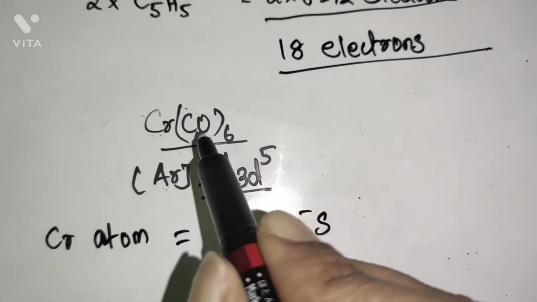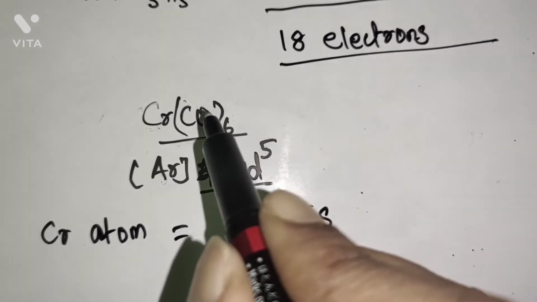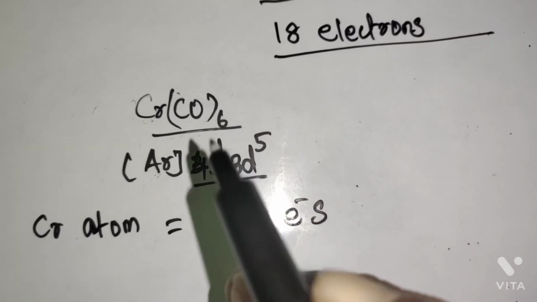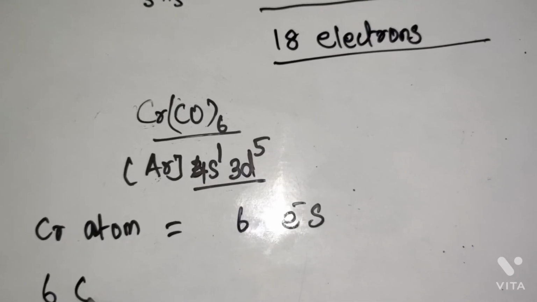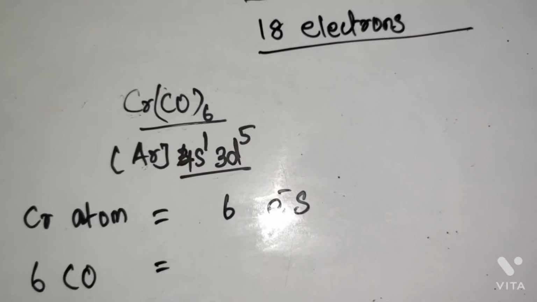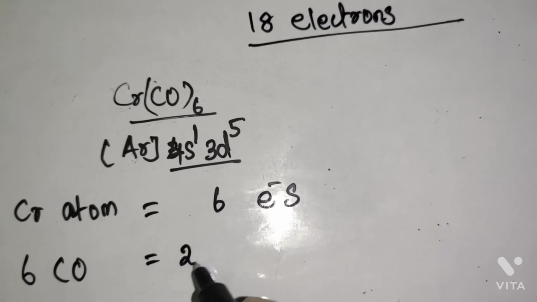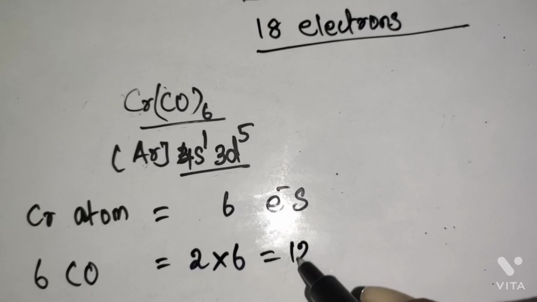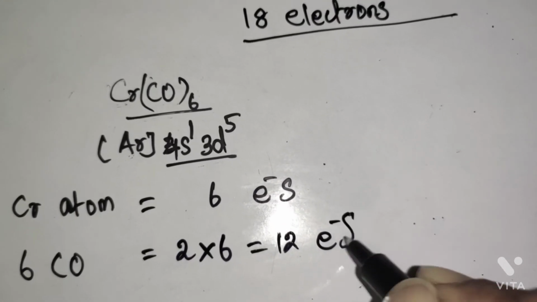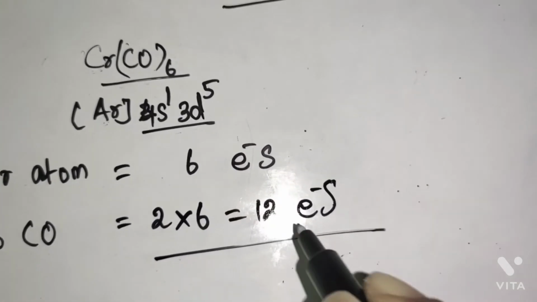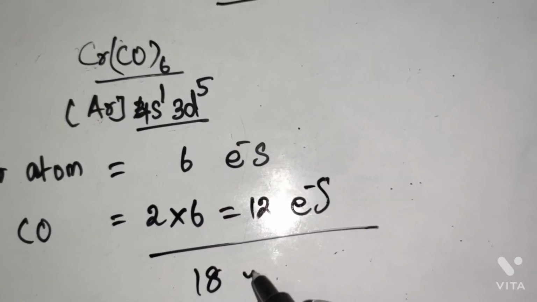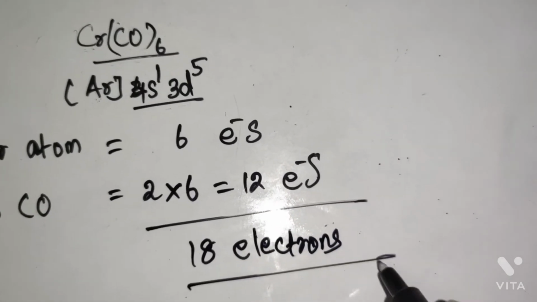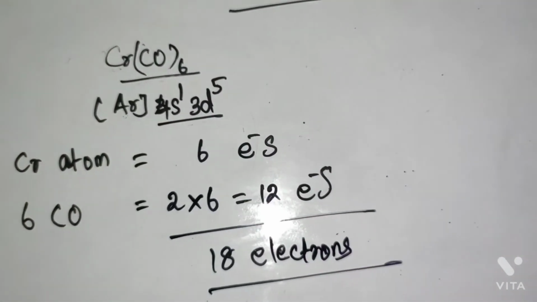Next, 6 carbonyl ligands are present. Each carbonyl group is a 2 electron donor. For 6 CO, 2 into 6 equals 12 electrons. Total 6 plus 12 equals 18 electrons. 18 electrons are present in Cr(CO)6.